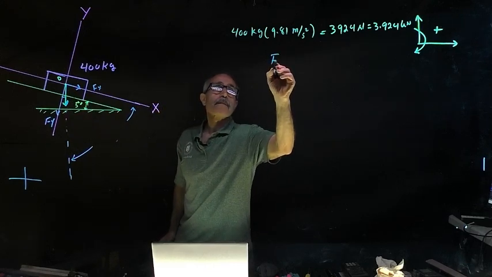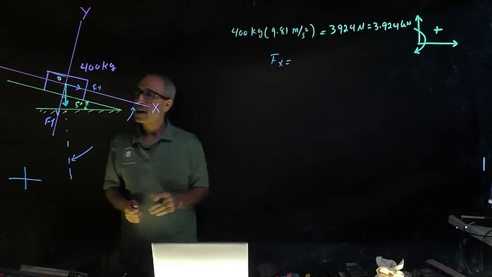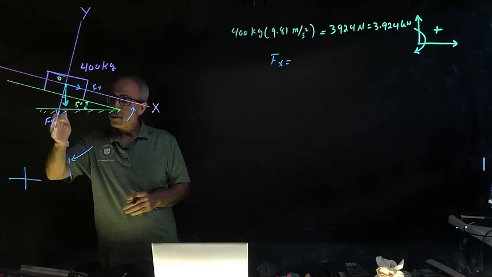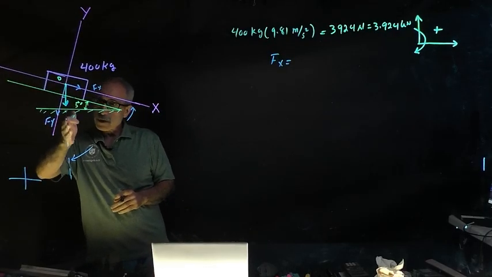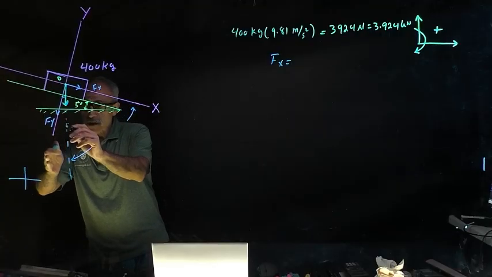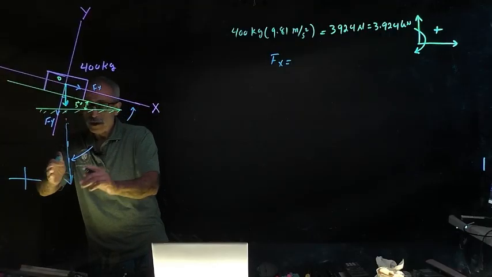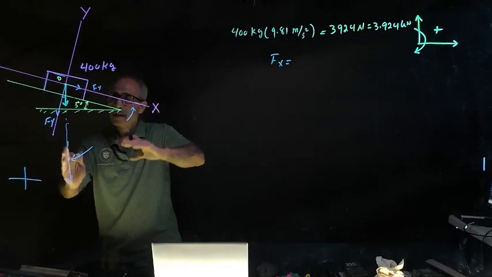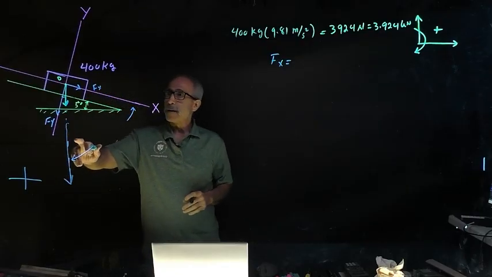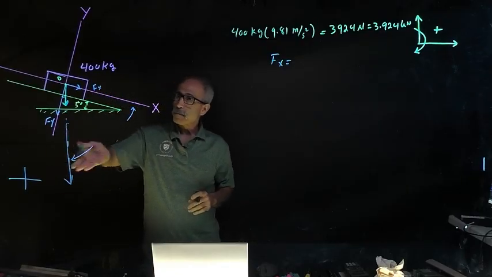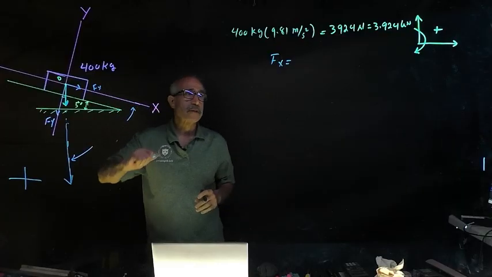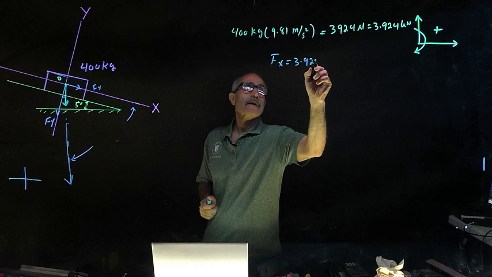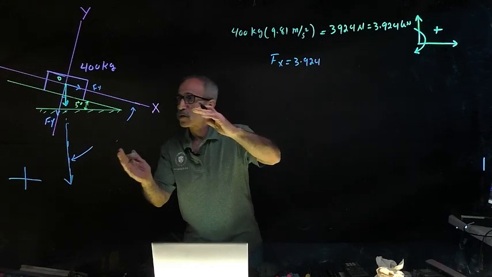So our Fx is equal to, to get Fx, remember we talked about sine and cosine. This is my weight right here, vertical, coming down this way. So close the gap between that and x, it's a cosine. x to the right is positive, so it's going to be 3.924, and that's going to close it with a cosine.